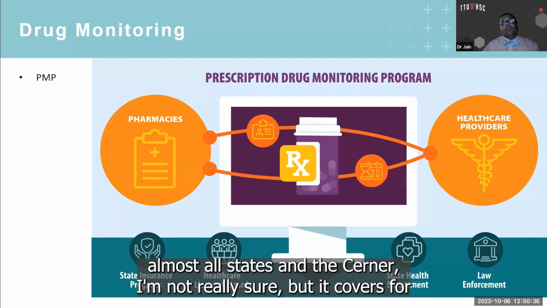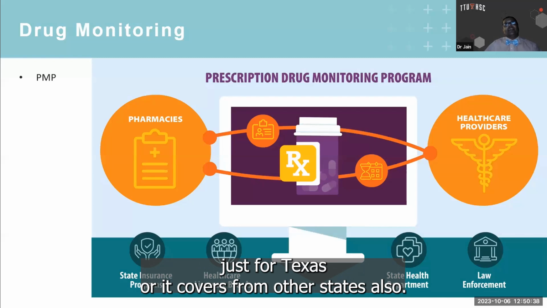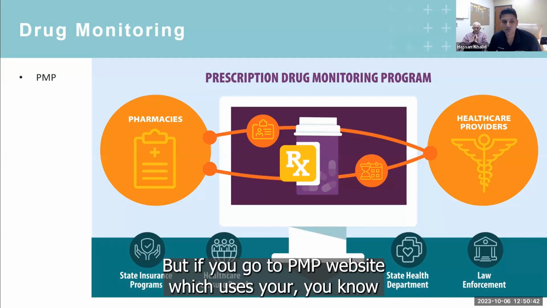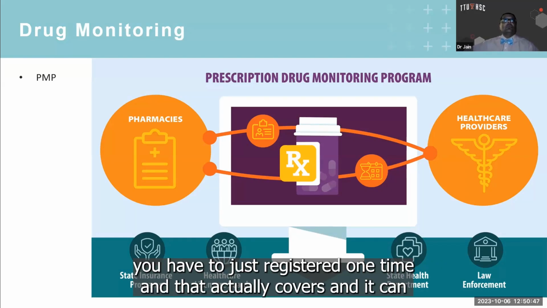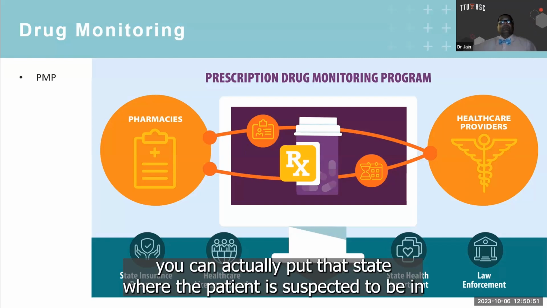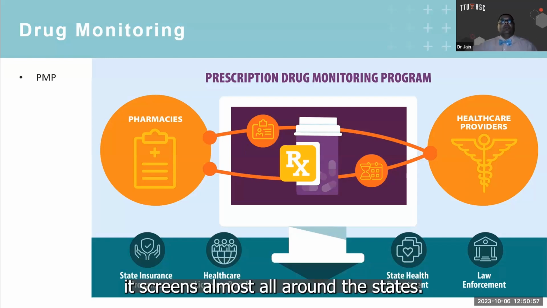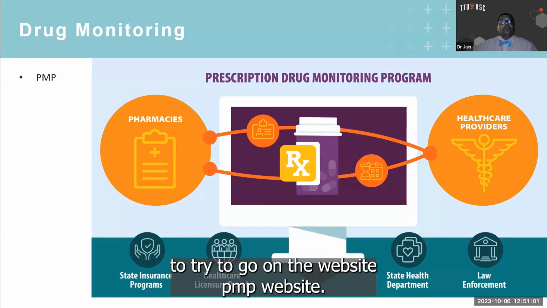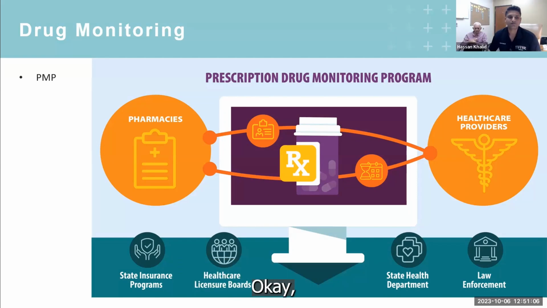With Cerner, I'm not sure whether it covers just Texas or other states also. On the PMP website, you just register one time, and you can put in the state where the patient is or is suspected to be. It screens almost all states. I would recommend going on the PMP website. Thank you. Okay.